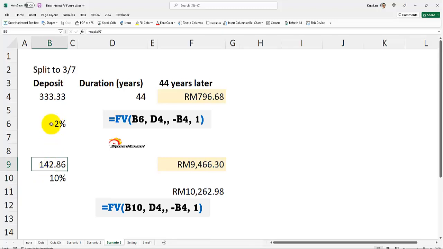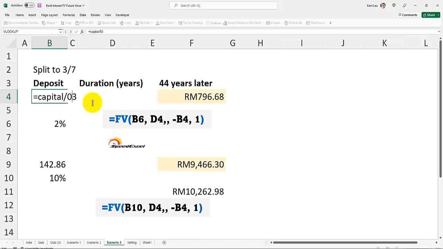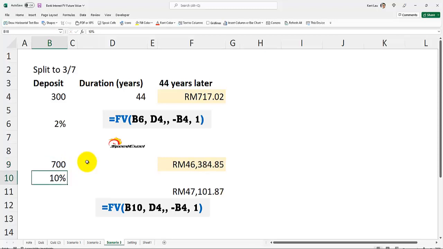Oh, I see. It should be 0.3. This one is times 0.3, and this one is times 0.7. Ah, okay, okay. 47,000, right?